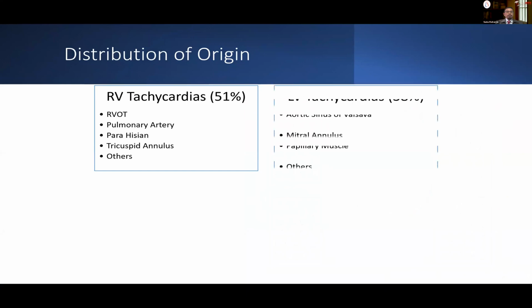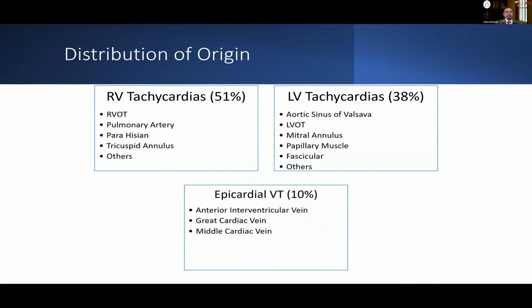In general, the percentage of RV tachycardia is more than 50%, while the left is around 38%, and the remaining probably only 10% came from the great cardiac vein, middle cardiac vein, or AIV.